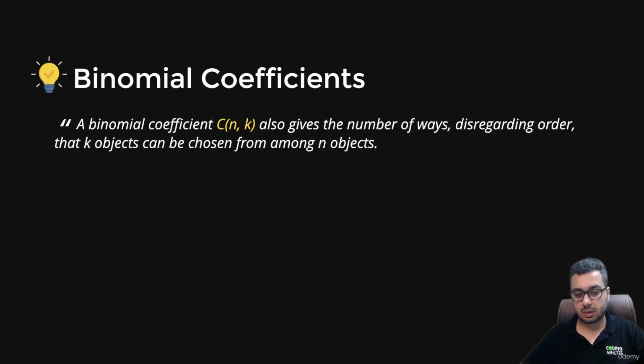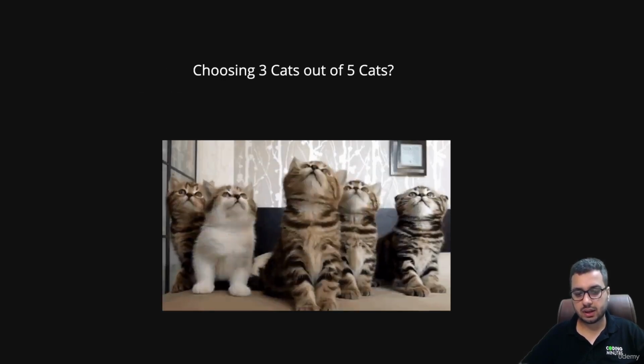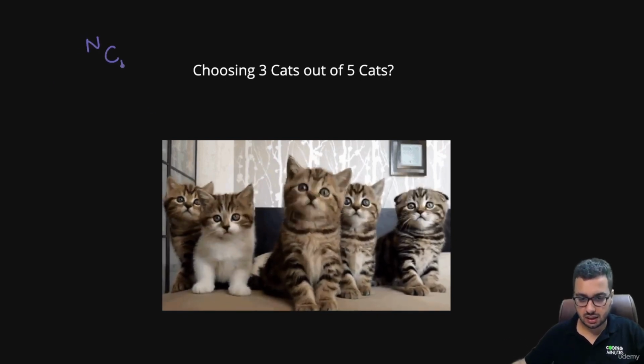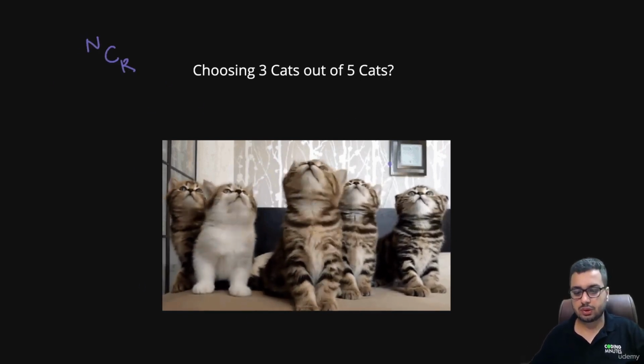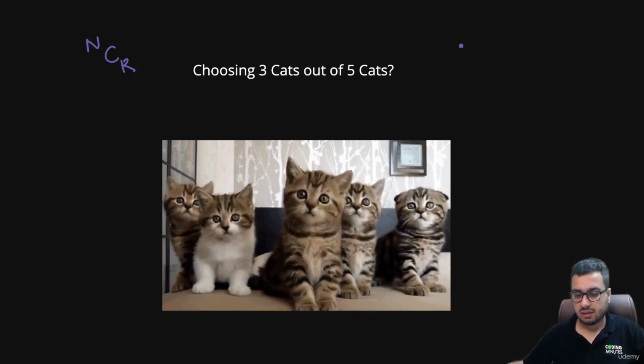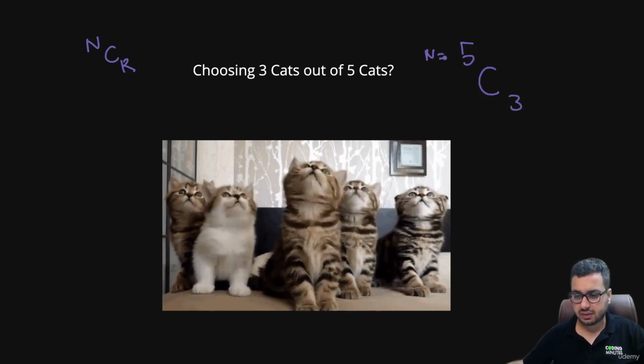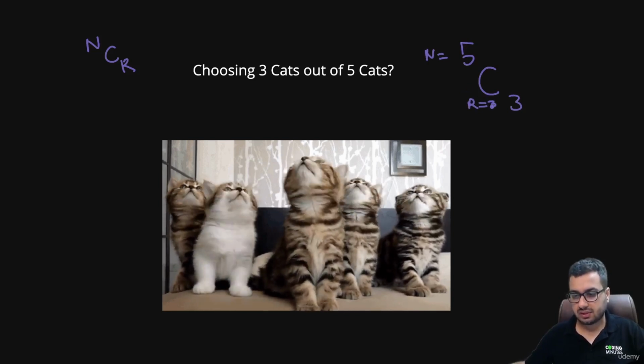Later on we will also talk about binomial coefficients. A binomial coefficient is denoted using nCr. For example, if you just want to choose 3 cats out of 5 cats, you will compute 5C3, where n is 5 and the number of objects you want to pick is 3.